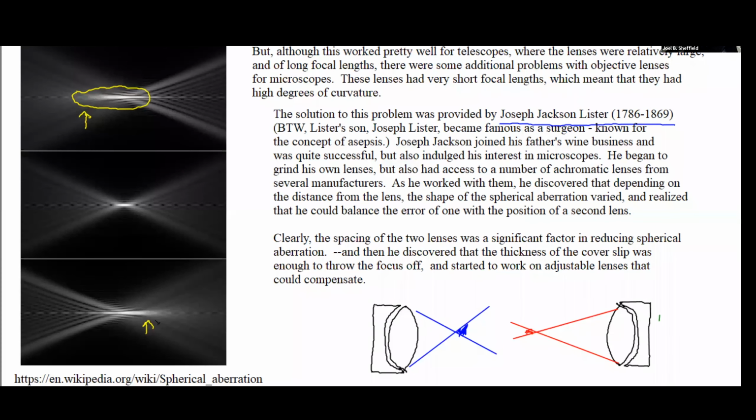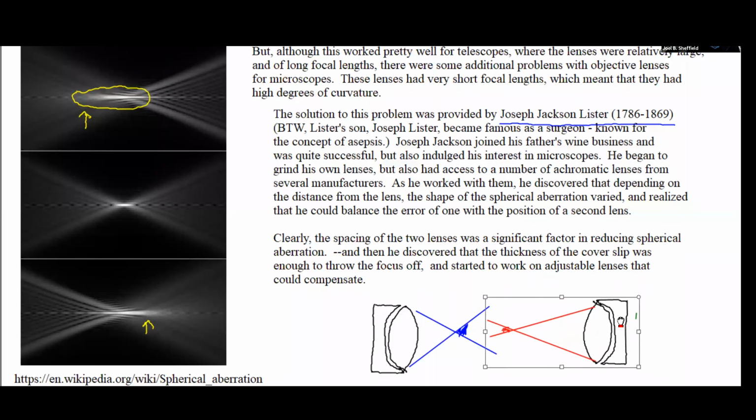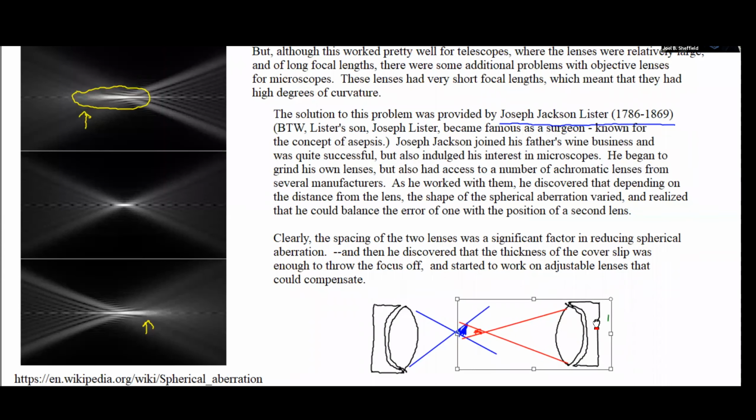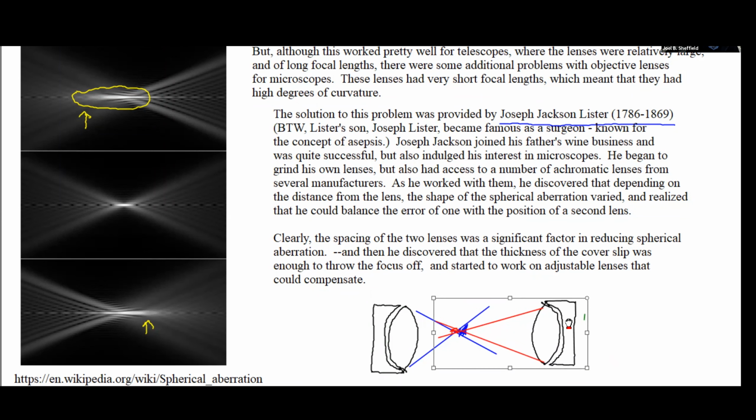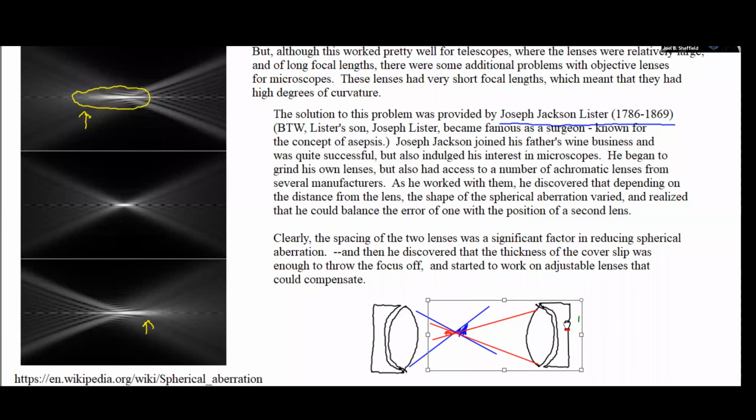And so what Lister realized is that it's possible if you take two pairs of lenses like this. Now you're going to see a little bit of a small amount of magic here. If you adjust the position of two lenses, one with respect to the other, you can get it so that they compensate the overshoot from the undershoot, like this.